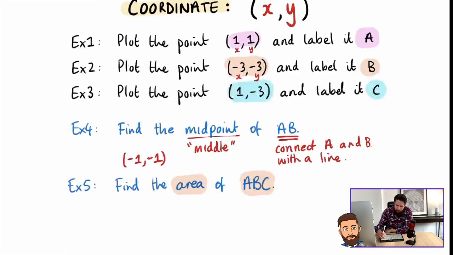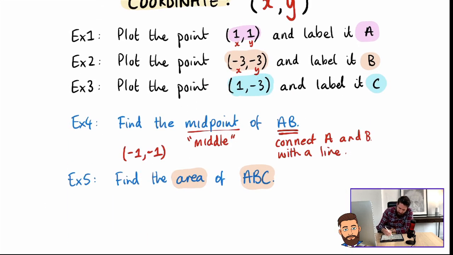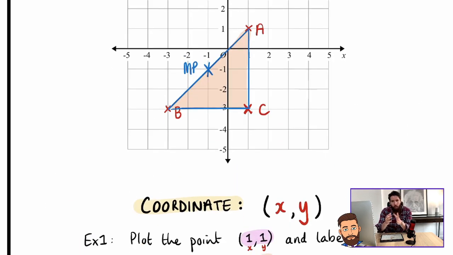So, how do we find the area of a triangle? We should know that the area of a triangle is equal to the base times the height divided by 2. So we need to use our graph and our coordinates to work out how long is the base and how long is the height of this triangle. Well, the base of this triangle is here.